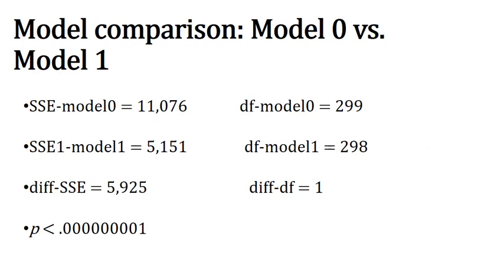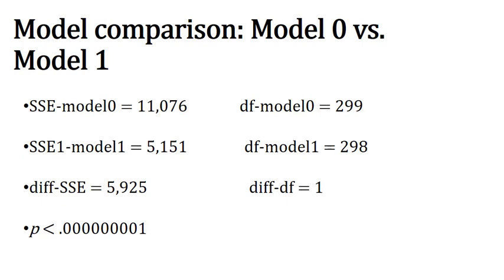Okay, so we need a procedure to compare the models now, because we have this R square of each model, and it tells how much variability is explained by the model, but we don't have a way to say if the differences in the variability that is explained by each model is significant or not.